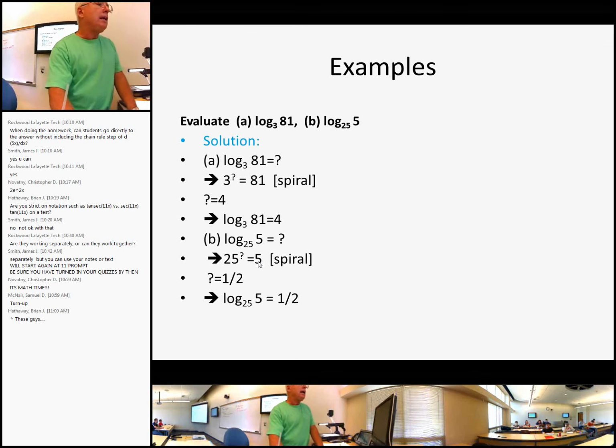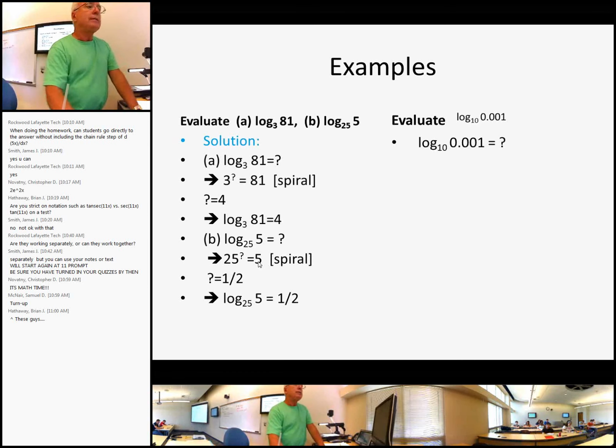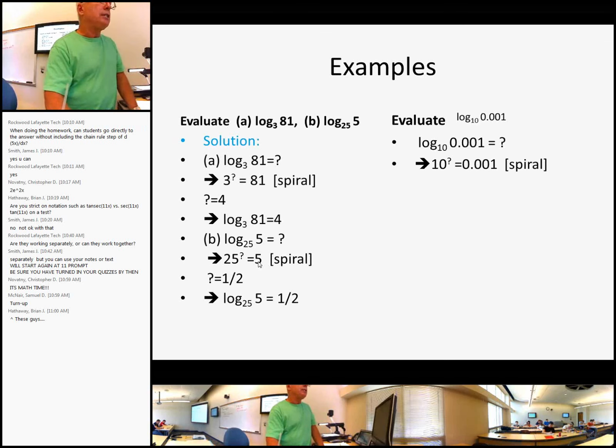All right. And there's one more example that I have here. Let's evaluate the log base 10 of 0.001. Same deal. We're going to say it equals question mark, and we're going to convert that to the equivalent exponential. So again, I start with my base of 10.